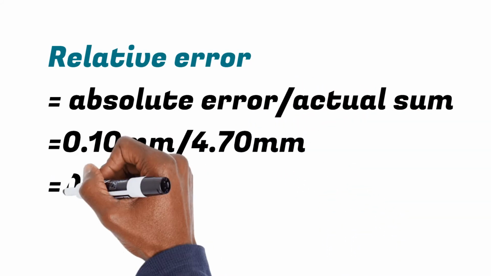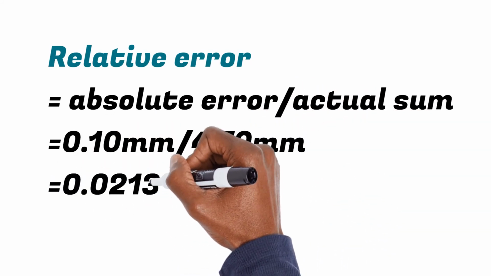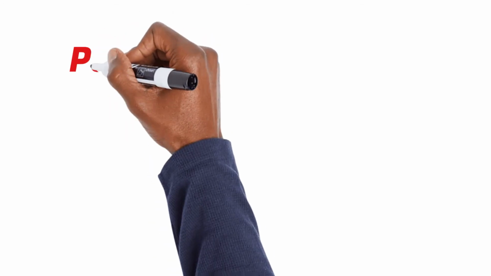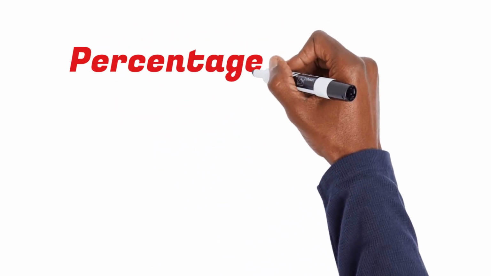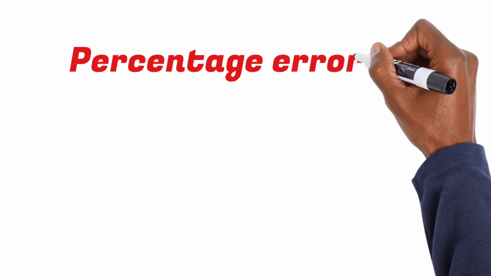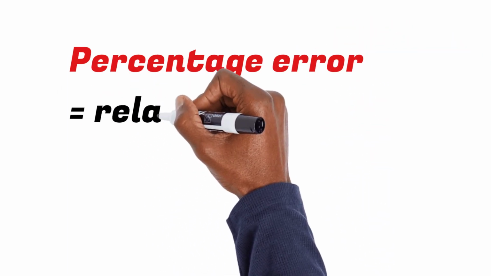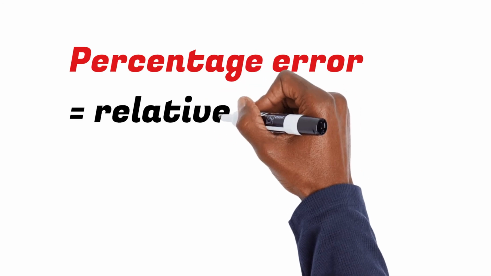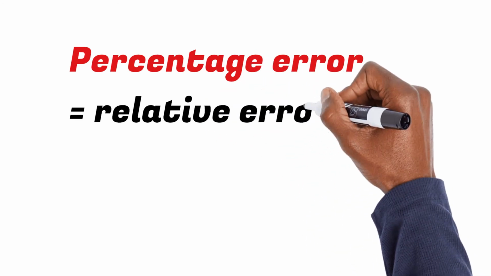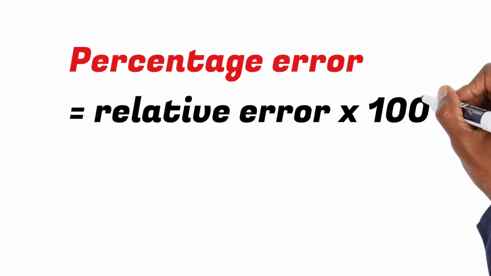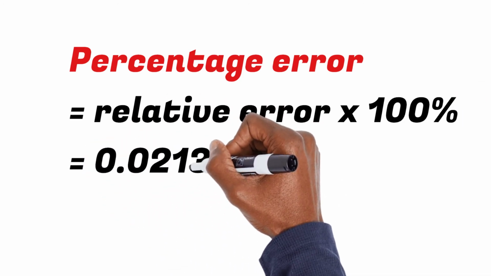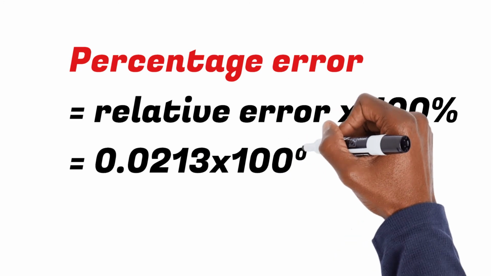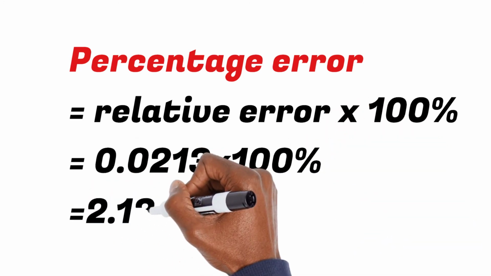Thus, the percentage error can be calculated as relative error multiplied by 100%, which is 0.0213 multiplied by 100%, to end up with 2.13%. This is the percentage error made in the addition of 2.2 mm with 2.5 mm.